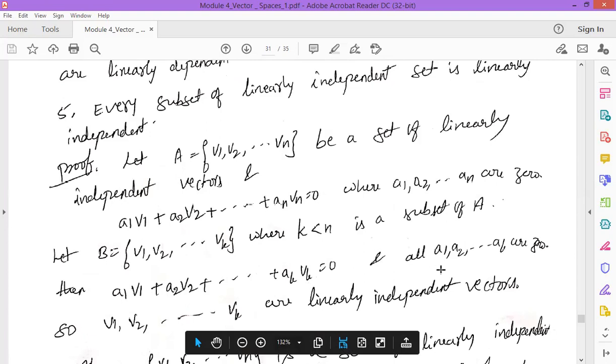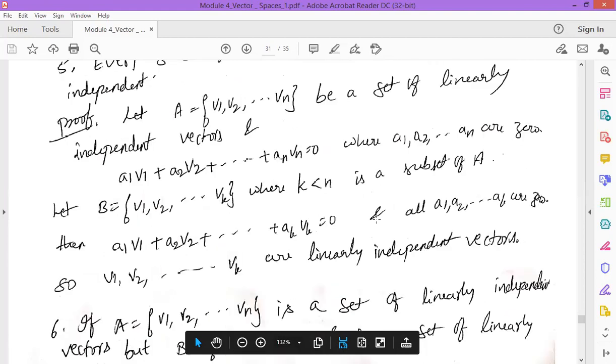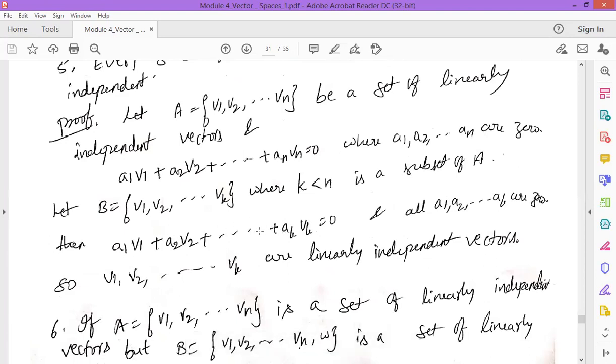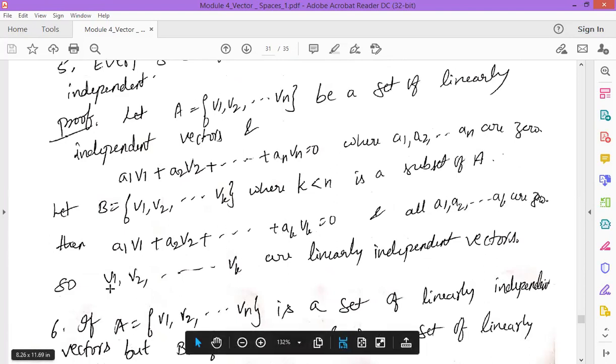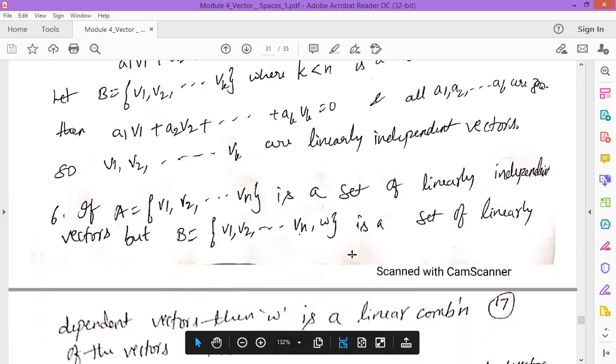Since all the coefficients a1 to an as well as a1 to ak are 0, we can say that the subset elements v1 up to vk are linearly independent vectors.